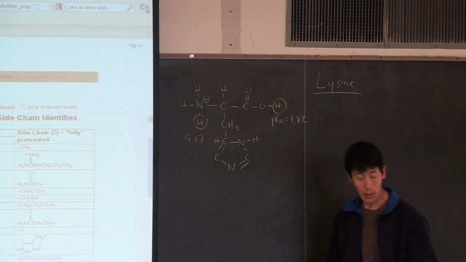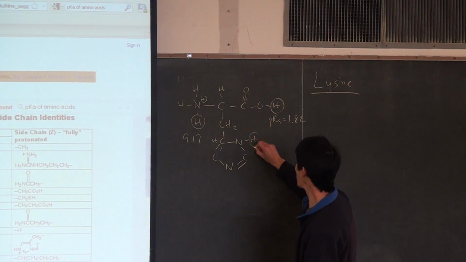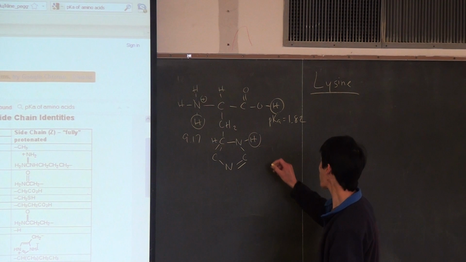Okay, so it turns out that for the third pKa, it's this one. And this one has a pKa, according to the table, of 6.04.